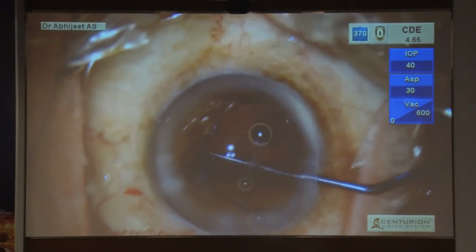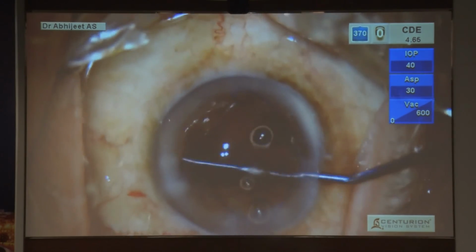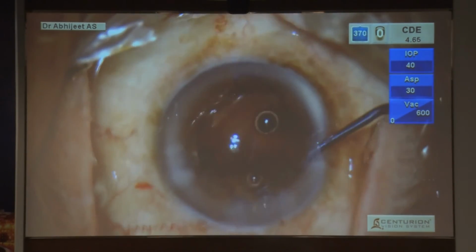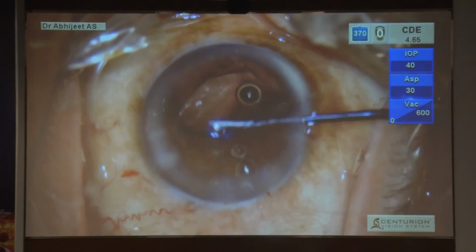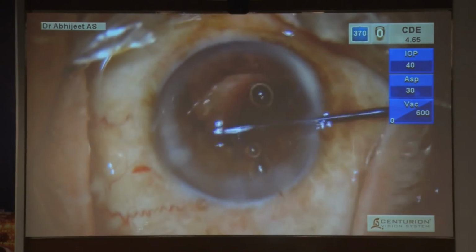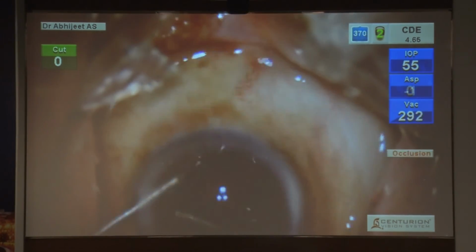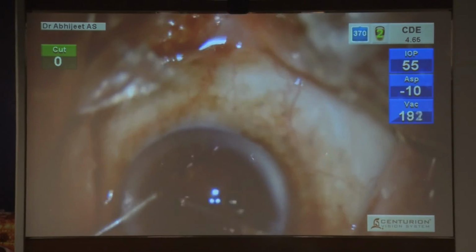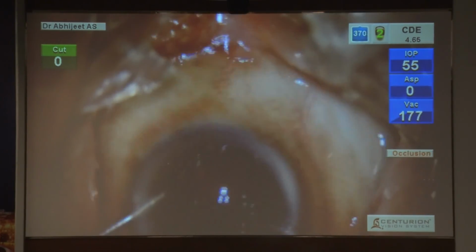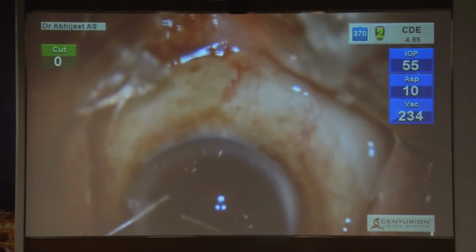So you're not going to be able to see your rhexis margins if it's around 5 mm or 6 mm. So here I put a Malugin ring after I have done all the manipulations so that I can see where the rent is and manage the rent, where I can see the rhexis margins and manage the rhexis, manage the IOL placement.